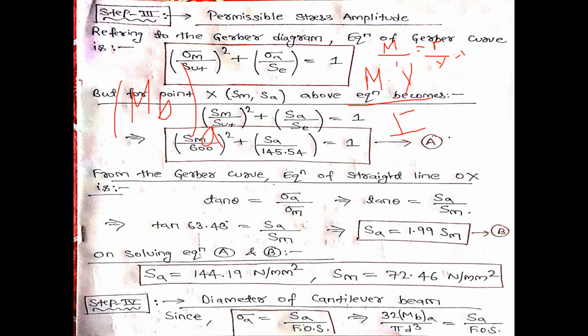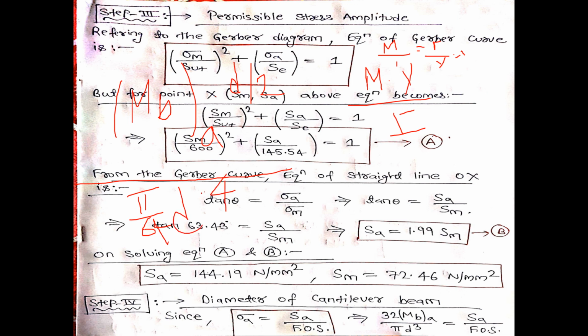Y will be what? It is a cantilever beam, and we are interested in finding the diameter of the beam at the fillet cross section, and that diameter is nothing but small d. So Y will be half of the neutral axis, that is d by 2, divided by I. Since the diameter d is given, the cross section of the beam is a circle, so I will be pi by 64 d to the power 4.